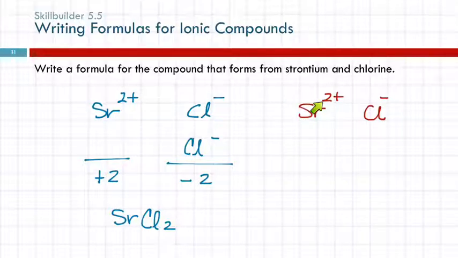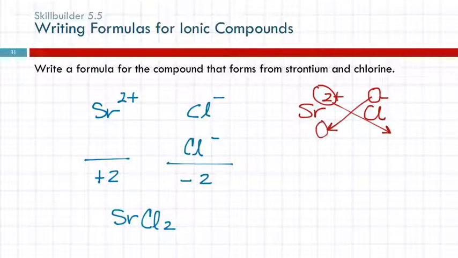So what crisscross does is it takes this 2, and it says that is the subscript for the other ion. The number 1, which isn't written, is going to become the subscript on the strontium. So we get Sr, unwritten 1, Cl2.